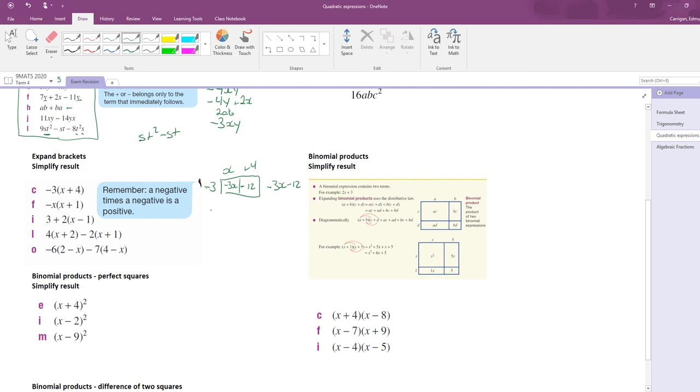The next one, if I do my box, I'm going to have minus x, x plus 1, minus x squared. I've got a minus times a plus, it's minus. So x minus x squared minus x.